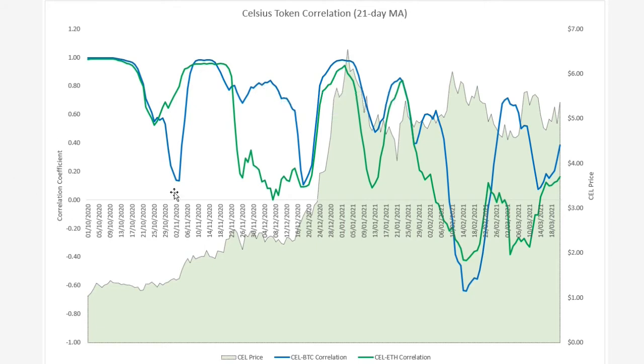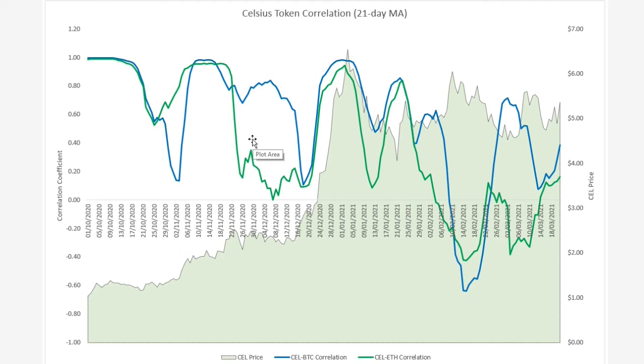What's interesting to note is that Ethereum here seems to decouple from CEL. The reason for this, in my opinion, is that around this period we had the initial stage of ETH 2.0 staking. I believe that was early December, and there was a countdown window for the staking requirement to be put through.